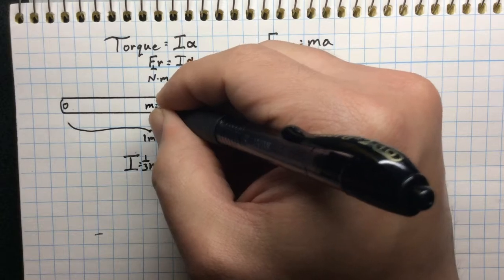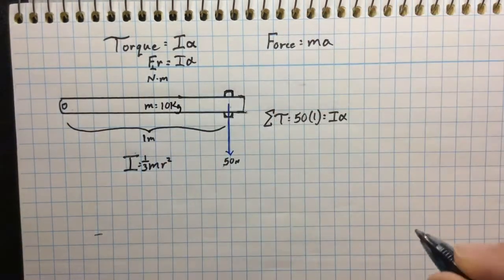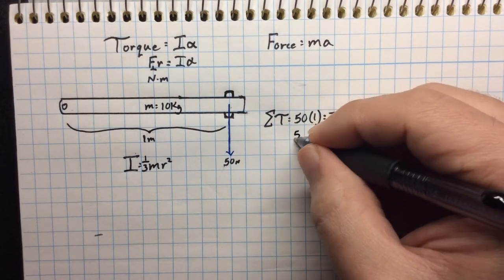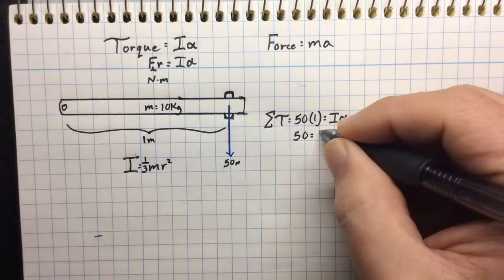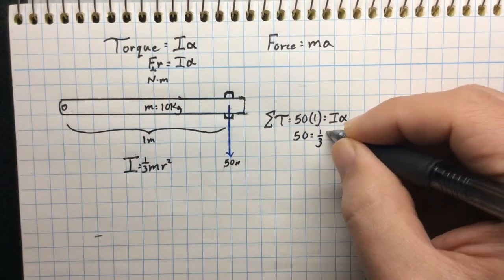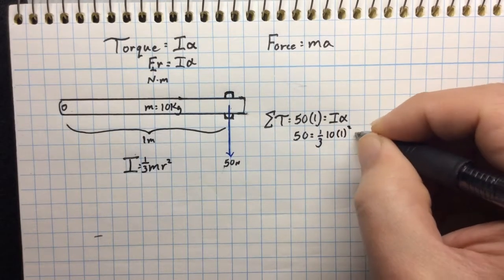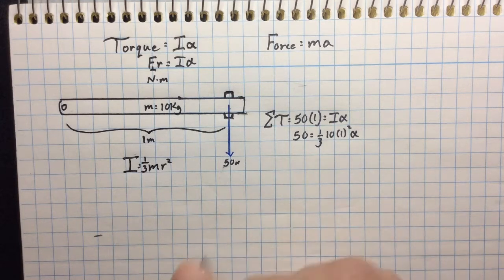Let's call the mass of the door 10 kilograms or something like that. So that's 50 for the torque, 50 times 1 newton meters is equal to I, 1/3, m the mass of it, 10, r the length of it, 1, squared, times alpha. We could then find alpha, how fast that door accelerates if we kept on pushing at that rate.